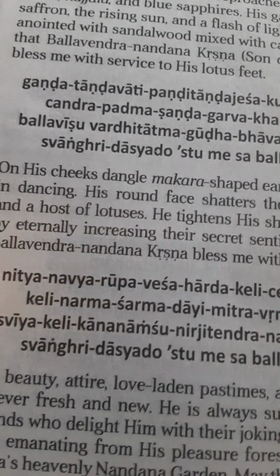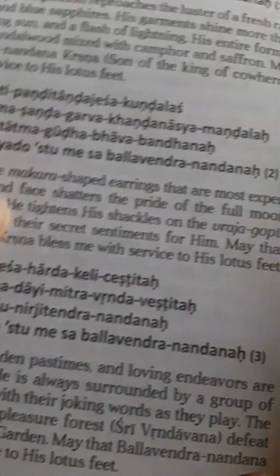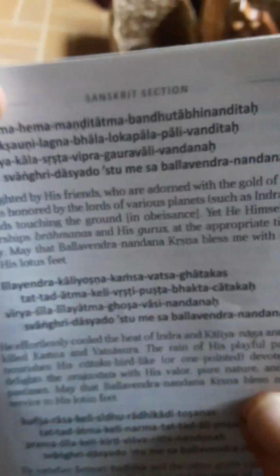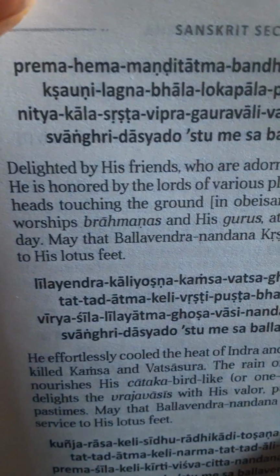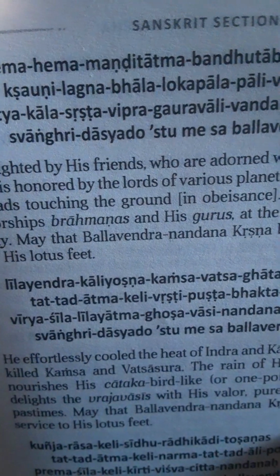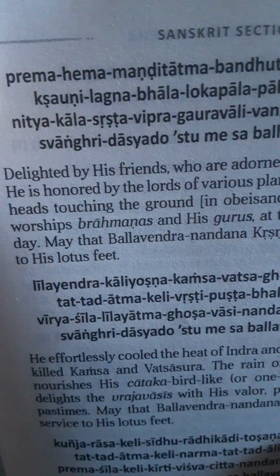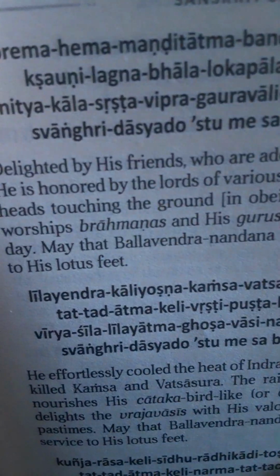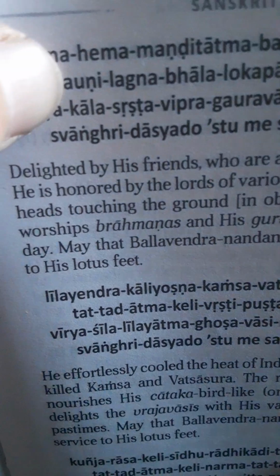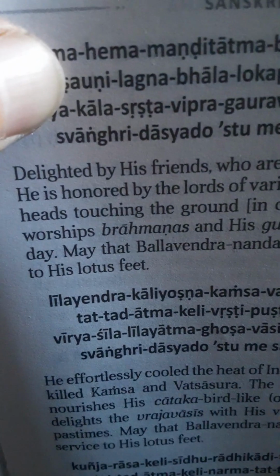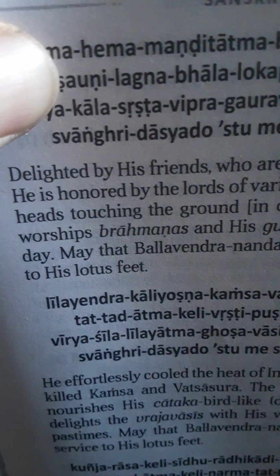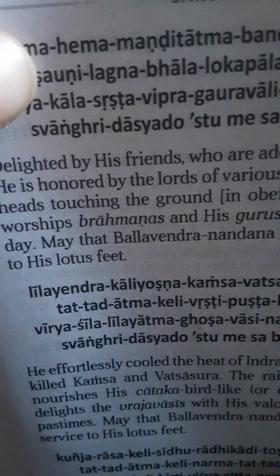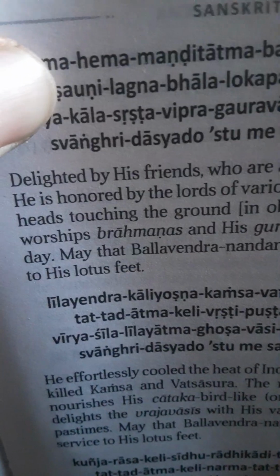Let's see if we can find some more. I might just have to tell you them if I can't find them fast enough. There we go. That AU there is a diphthong, and all the diphthongs correspond to pure letters.